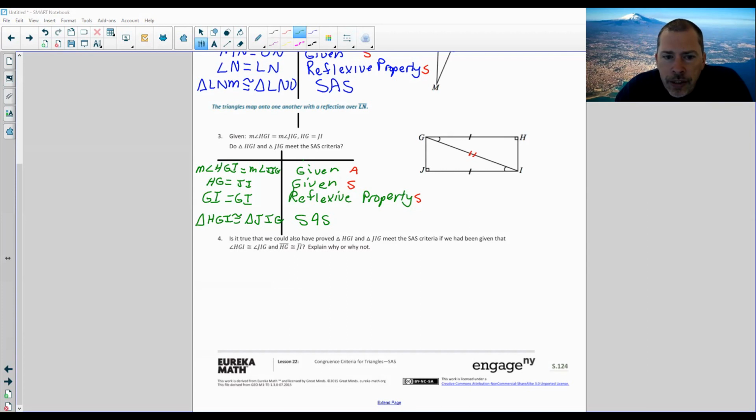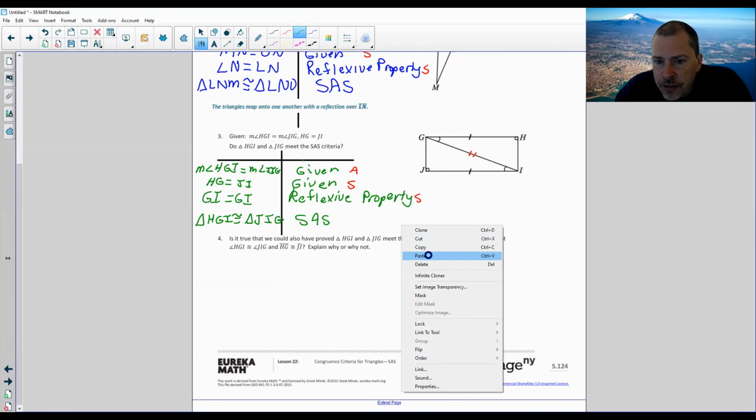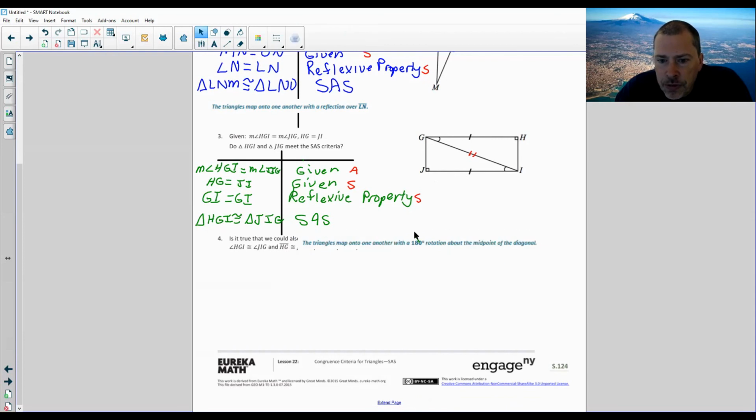So how can I move this triangle onto this one? Well, we can't reflect it because then it would flip over and it would be over here like so. And so that's not right. So there is one way. If we put a dot right in the center there, then this is what we would do.